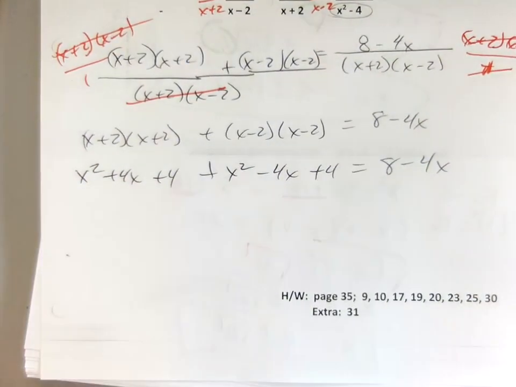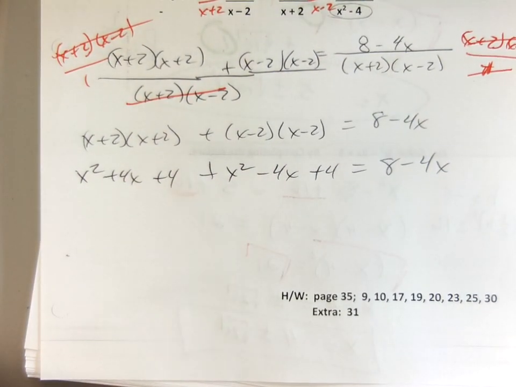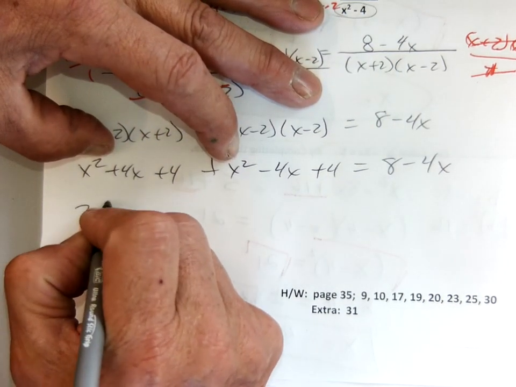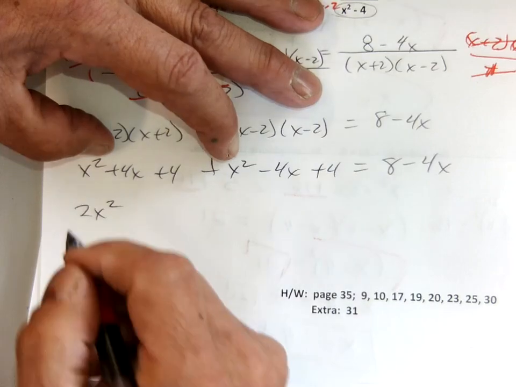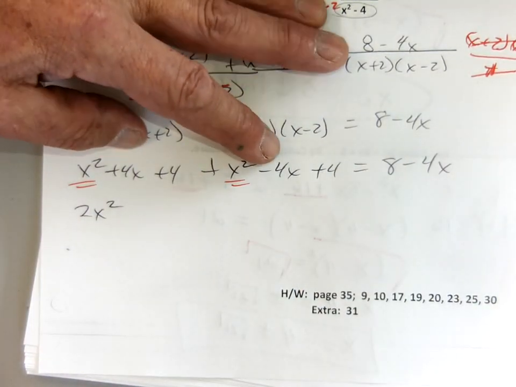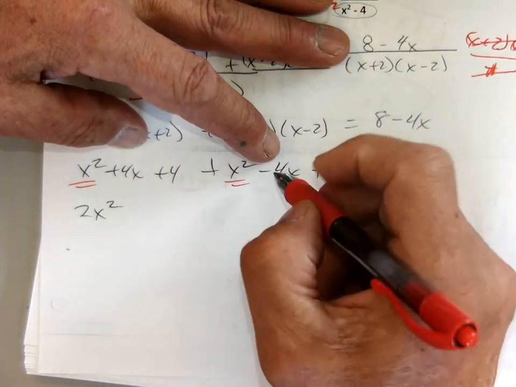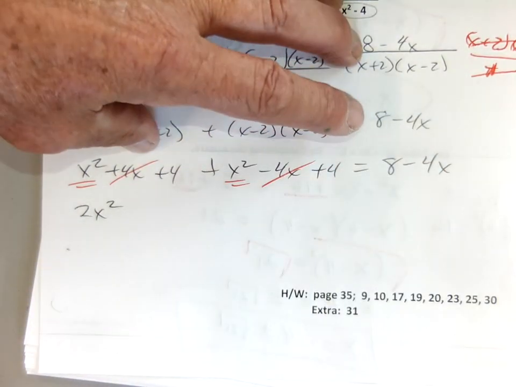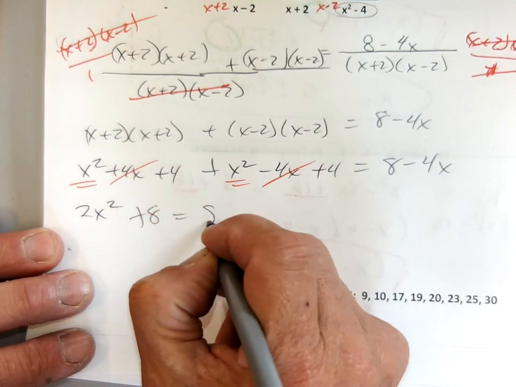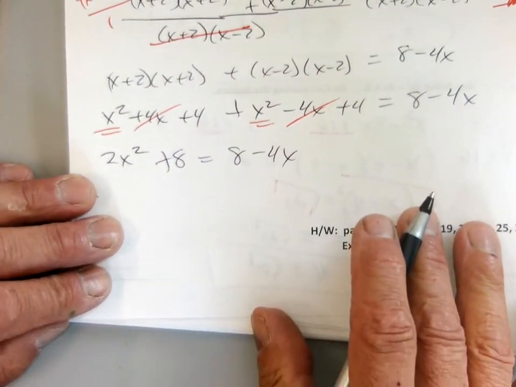Okay. Two x squared, minus, oh, these cancel. Boom, boom, right? Plus 8 equals 8 minus 4x, okay?